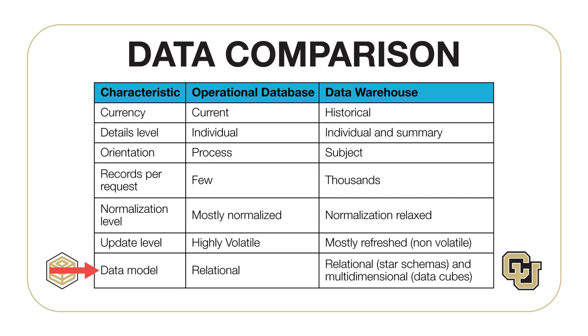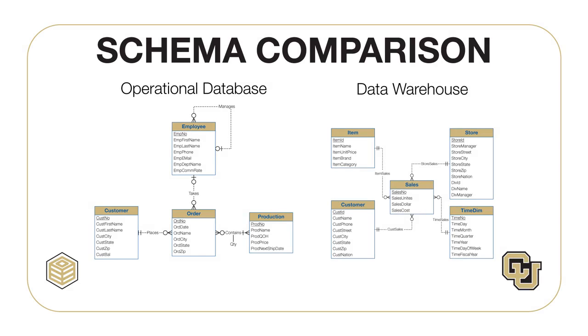Operational databases primarily use the relational data model, while data warehouses use star schema patterns of tables, as well as a multidimensional data model. Schema patterns typically differ between operational databases and data warehouses. In an operational database to support order processing, many-to-many relationships, or equivalently associative tables, are typically used to represent an order heading and details.